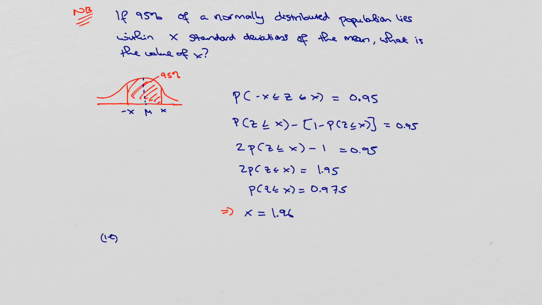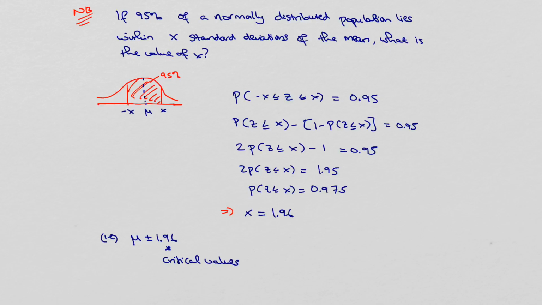So in other words, when we're looking at 95% of the normally distributed population, what we're actually looking at is the mean plus or minus 1.96 deviations away from the mean. And this is really, really important because these are known as our critical values.